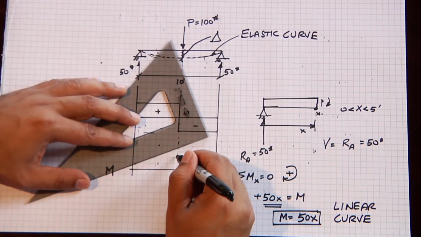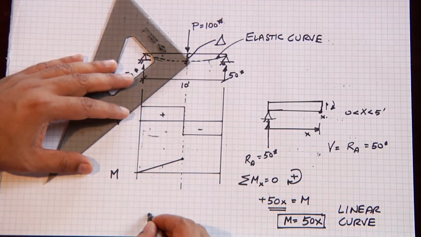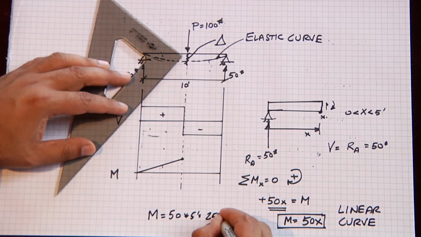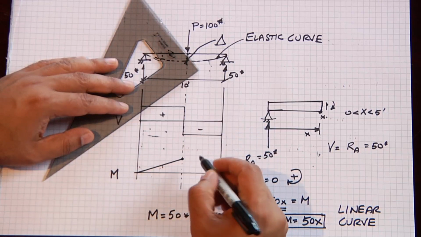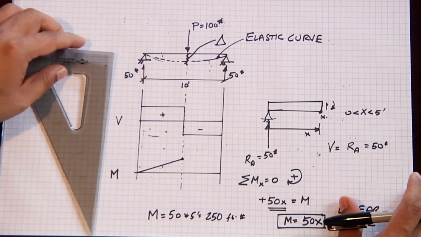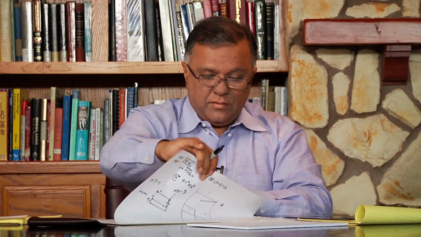And so the moment diagram is going to go up with a positive slope until it reaches the center. The value at the center is 50 times 5 feet, 250 foot-pounds. And the same thing will happen on the right-hand side, except that now, because we have a negative shear occurring, the moment diagram will change.